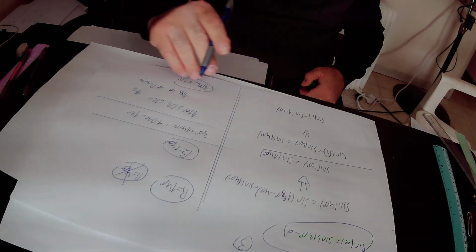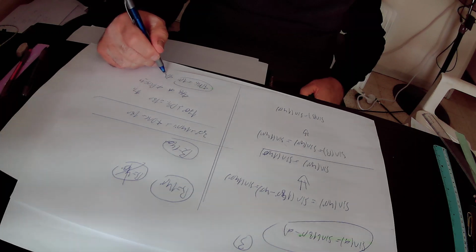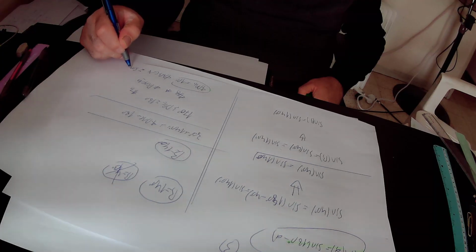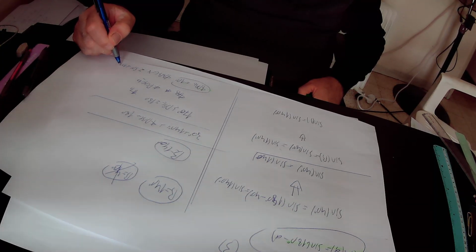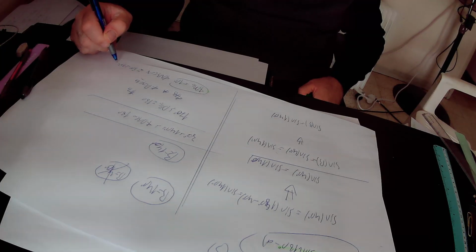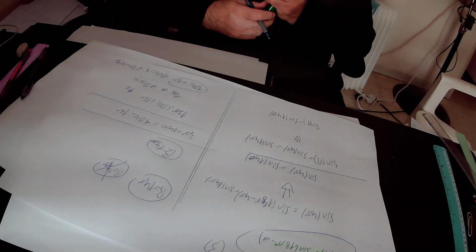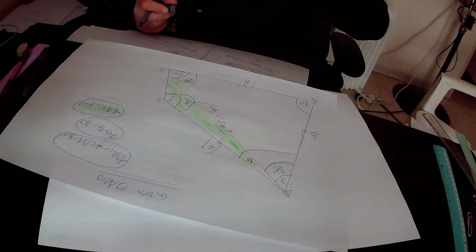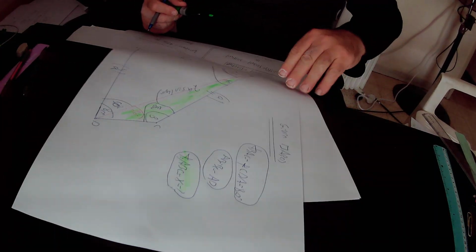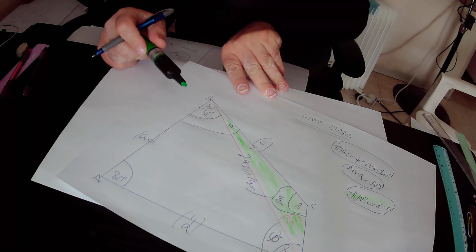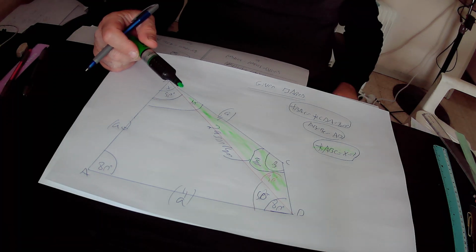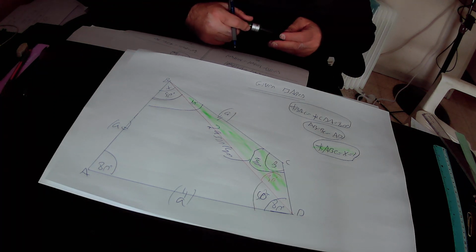So angle ABC, which is x, equals 50 degrees plus 10 degrees, that is 60 degrees. So x equals 60 degrees in size.